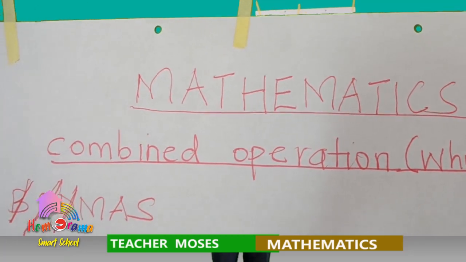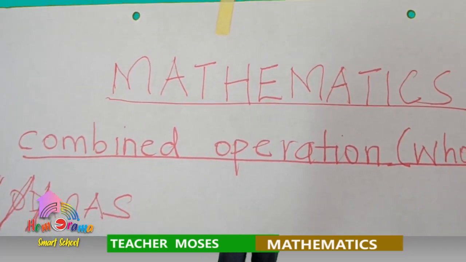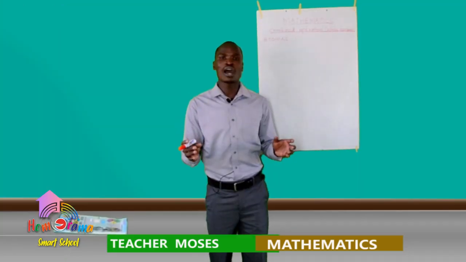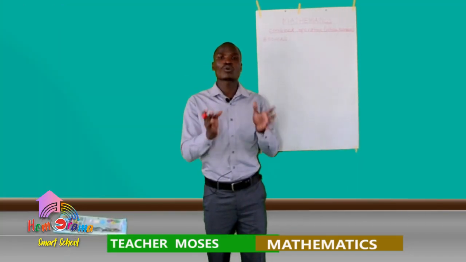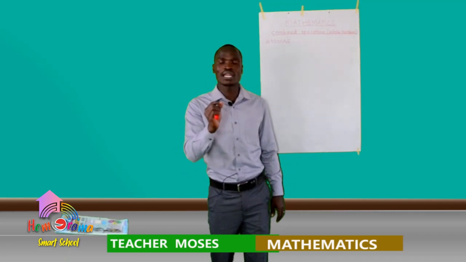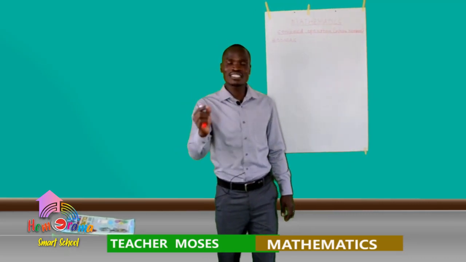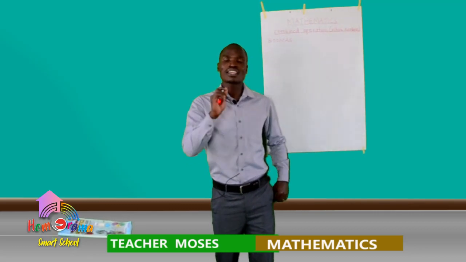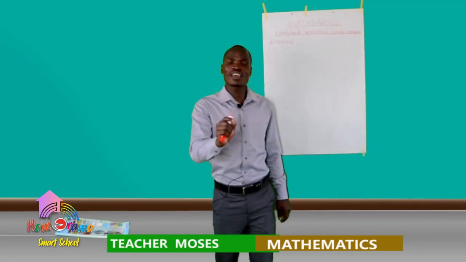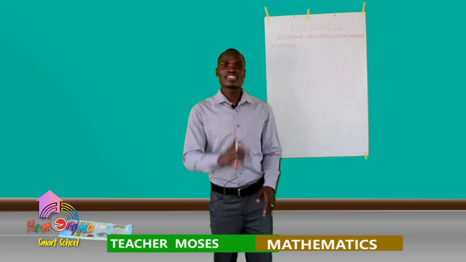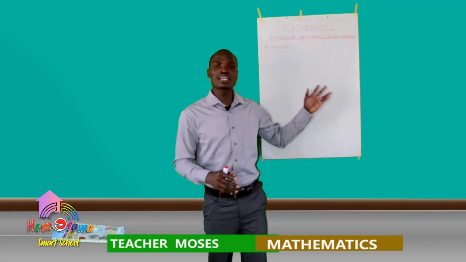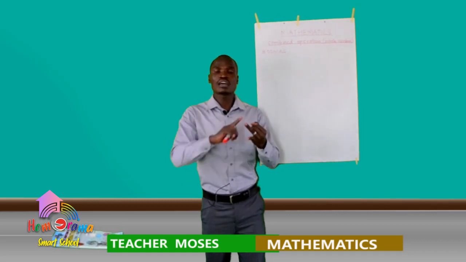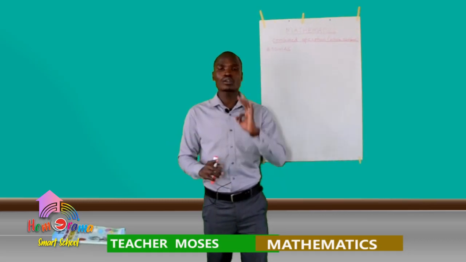And so, learners, when I talk of combined operations, I mean that we are going to have all the operations that we've been learning from class 1 up to class 6 and now combined into one, and that is what we are going to do in class 7 and 8. That means we are going to meet a question that is either having addition, subtraction, and division in one question.